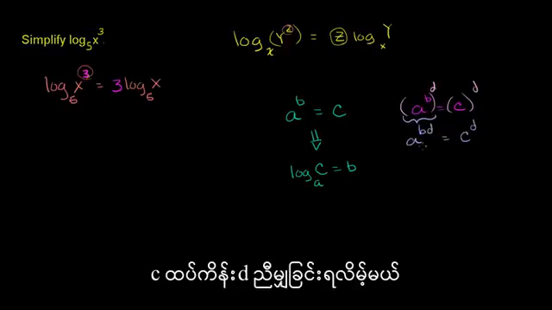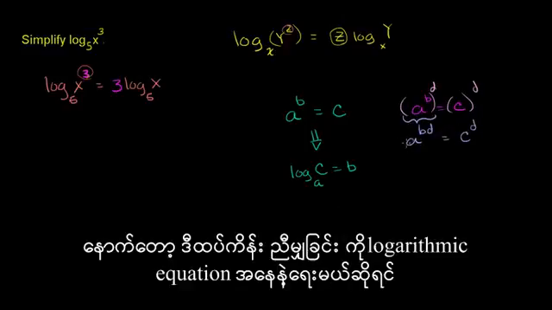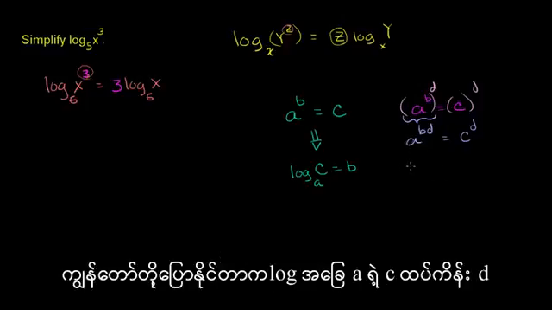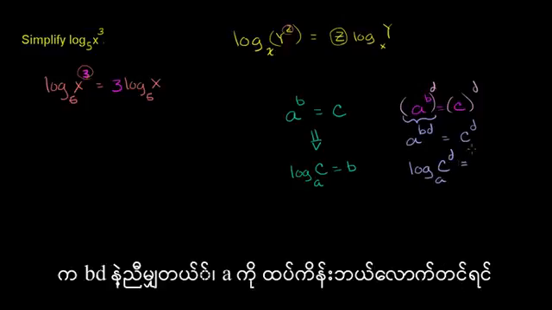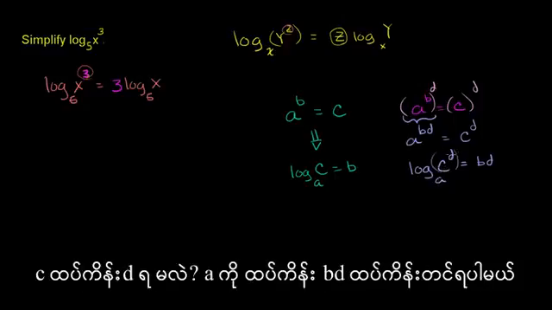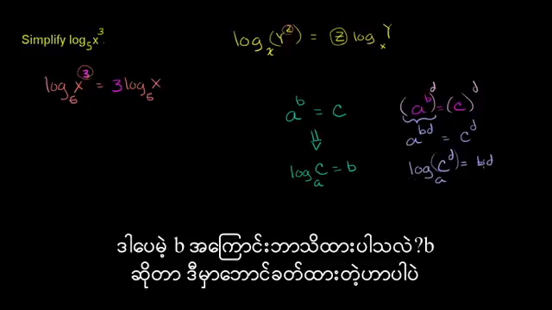And now this exponential equation, if we were to write it as a logarithmic equation, we would say log base a of c to the dth power is equal to bd. What power do I have to raise a to get to c to the dth power? To get to this, I have to raise it to the bd power. But what do we know that b is?